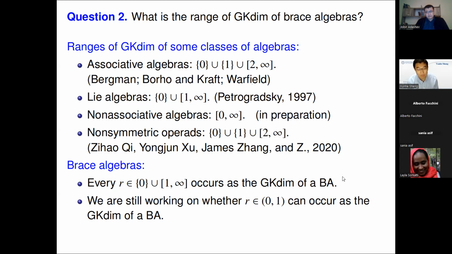But right now we don't know whether there is a gap for the GK dimension of brace algebras from 0 to 1. We don't know whether this gap exists. We are still working on this. Maybe this question is trivial, but right now I don't have the answer.